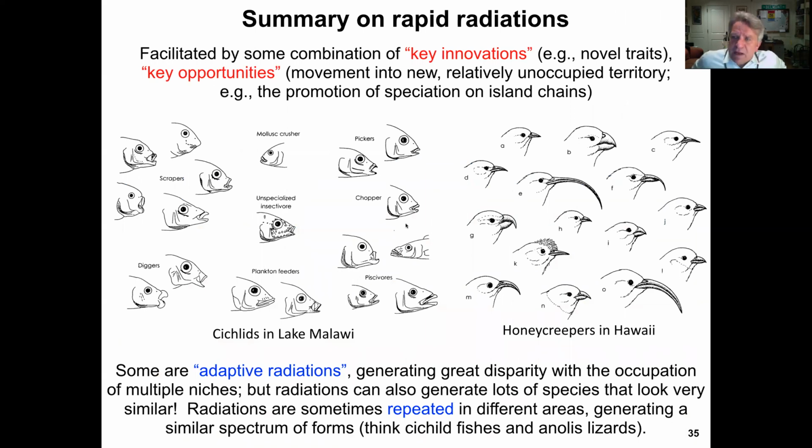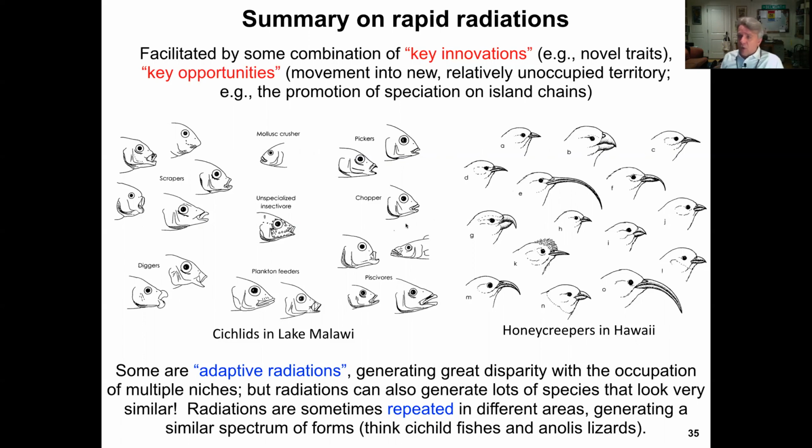So in thinking about rapid radiations, some of them seem to be facilitated by key innovations, that is novel traits, others by key opportunities, movement to new and unoccupied territories, that both can initiate cascades of evolution. Now, we didn't get into the concept of adaptive radiation in this course, but some of these are adaptive radiations where they're generating large magnitudes of disparity among closely related species.